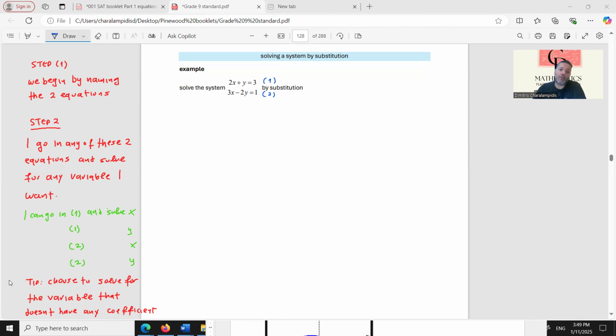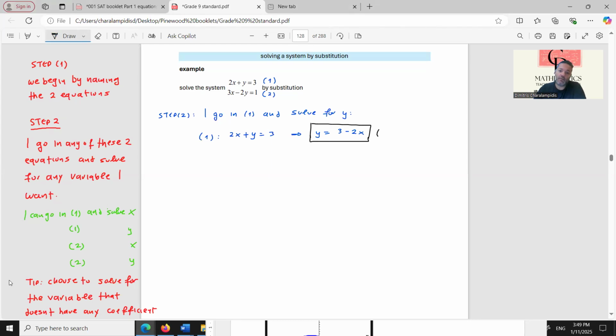So in step 2, I go in 1 and solve for y. This means that the first equation, which was 2x plus y equals 3, when solved for y, will now become y equals 3 minus 2x. This new equation will be named as 3.